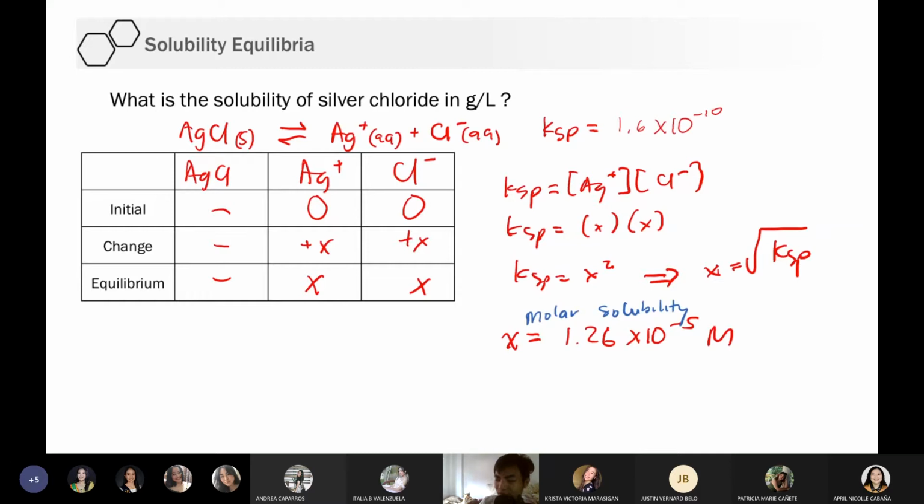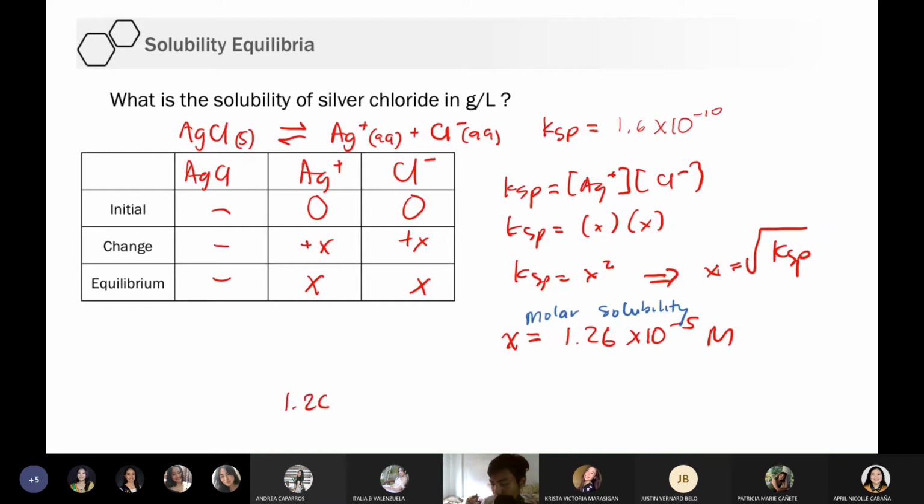So, yan na yun. Malapit na tayo matapos. Then, to convert the molar solubility into solubility in grams per liter, anong gagawin nyo? You multiply this by the molar mass of silver chloride. Okay? So, ganun lang.